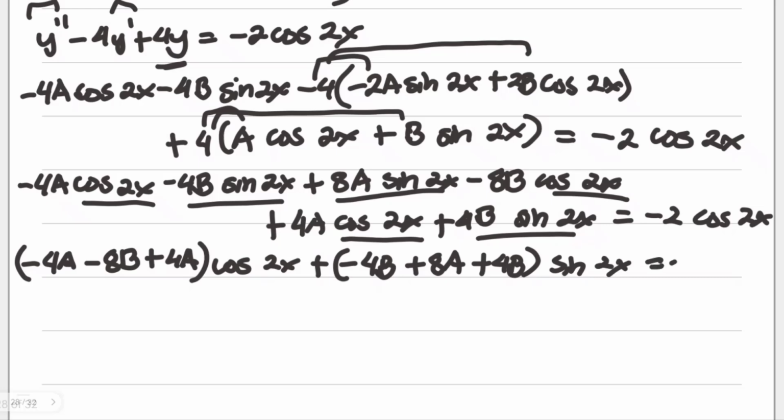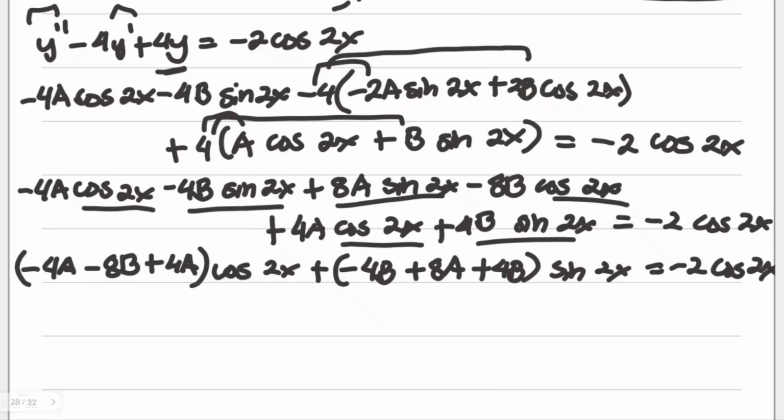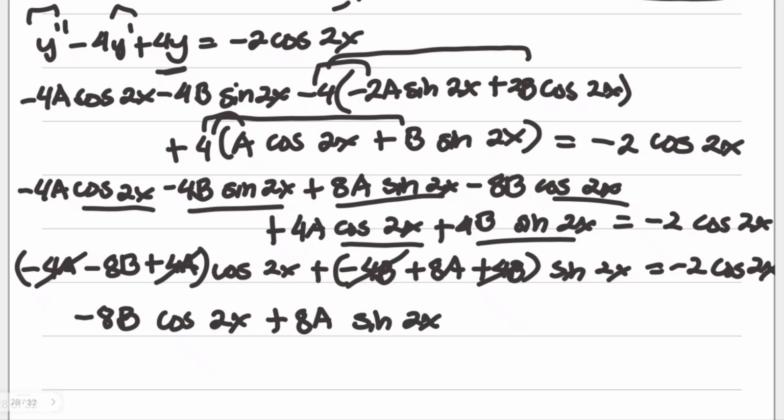These are all equal to minus 2 cosine of 2x. Okay, so this of course can be simplified. You have minus 8b cosine of 2x, and on the other side, plus 8a sine of 2x. These are all equal to minus 2 cosine of 2x.